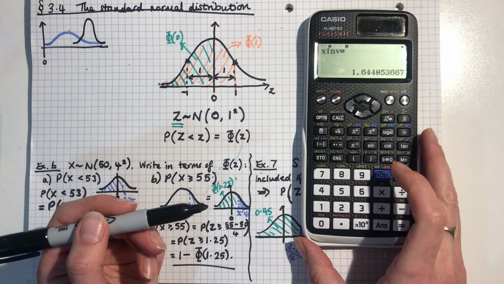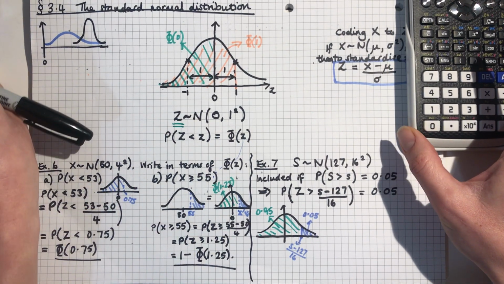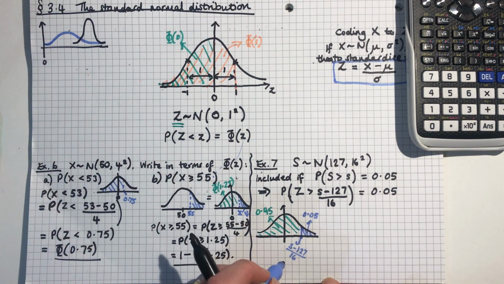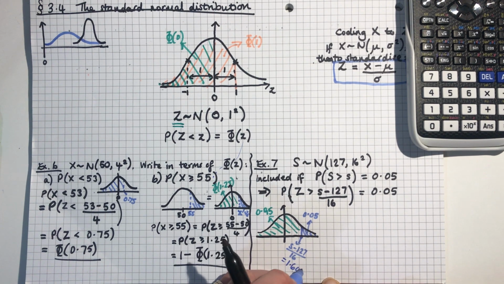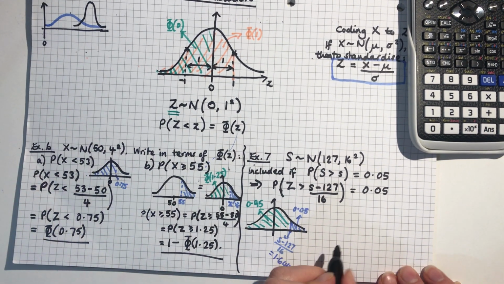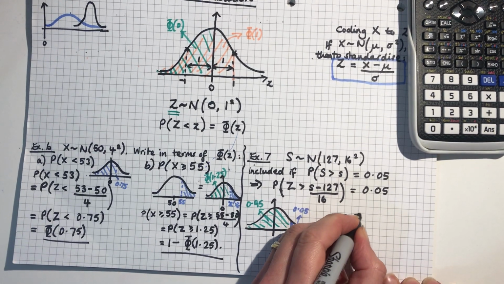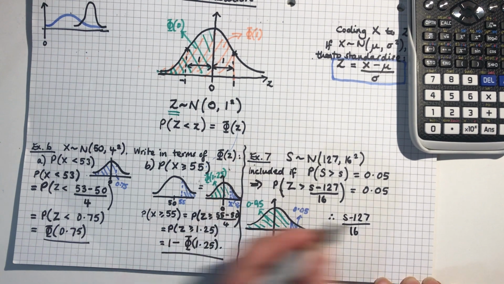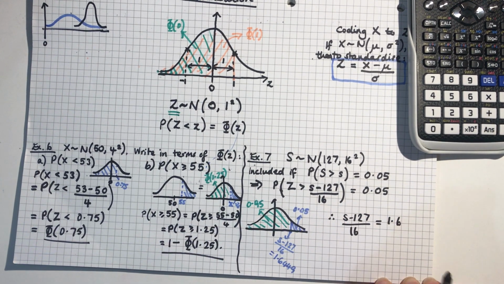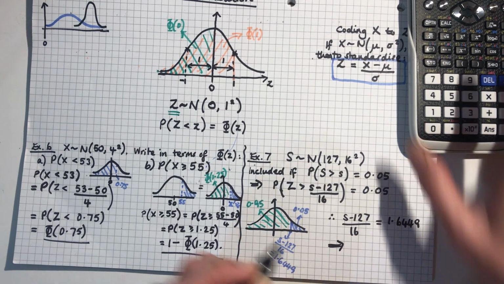So that gives me 1.6449. So I know that this value here is 1.6449. So let's write a note of the calculation we're dealing with. We have, therefore, that s minus 127 over 16 is in fact the number 1.6449.